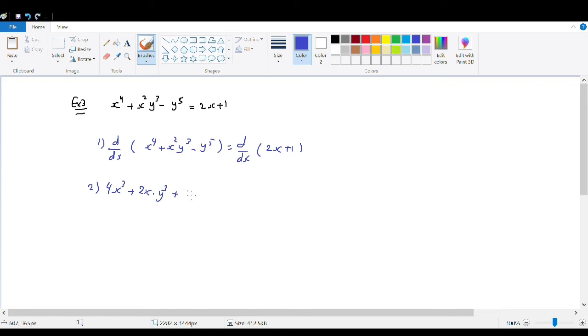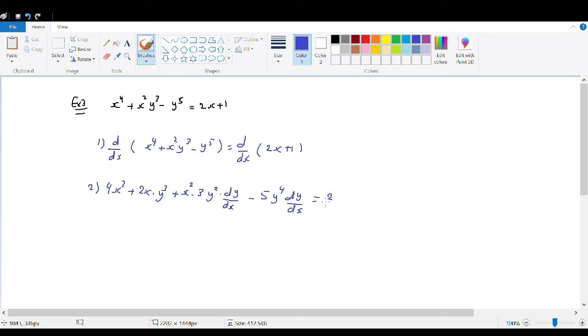So x squared will be the same, then the derivative of y cubed will be 3y squared multiplied by dy over dx, minus the derivative of y power 5 will be 5y power 4 dy over dx. This will equal the derivative of 2x plus 1: the derivative of 2x will be 2, the derivative of 1 will be 0.